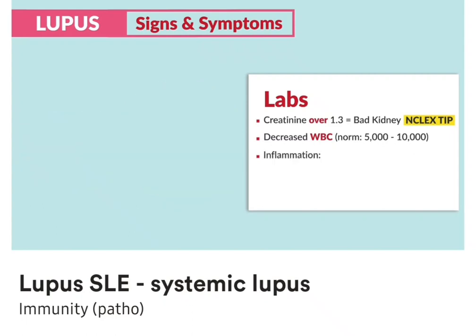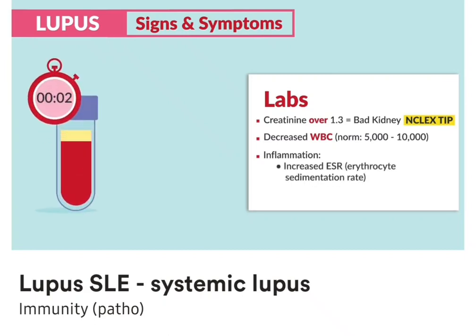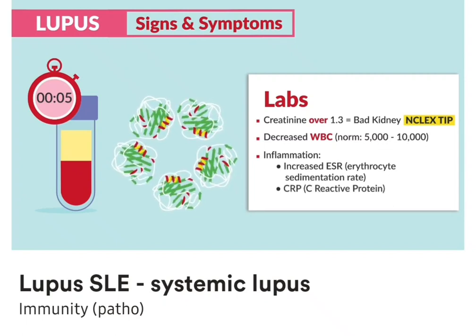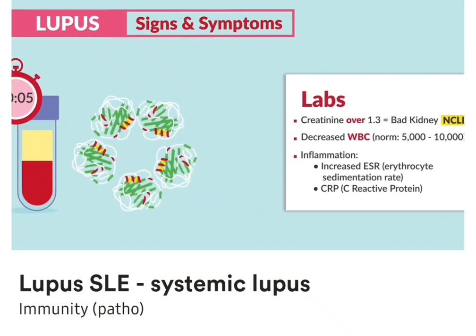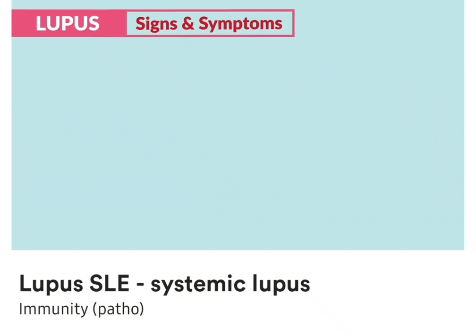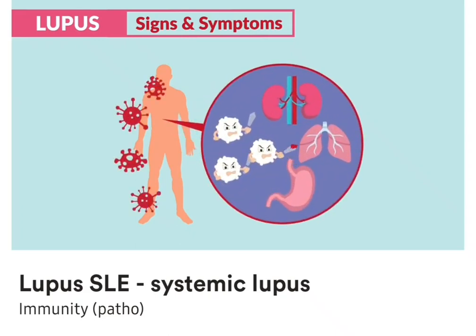And lastly, inflammation all over the body here. So we see increased ESR, that erythrocyte sedimentation rate, as well as CRP will be increased, or C-reactive protein. Now, there's a lot of other various general signs and symptoms since the entire body's inflamed and getting attacked here.